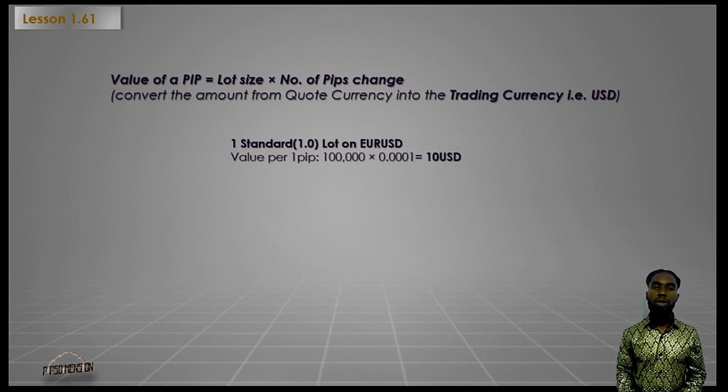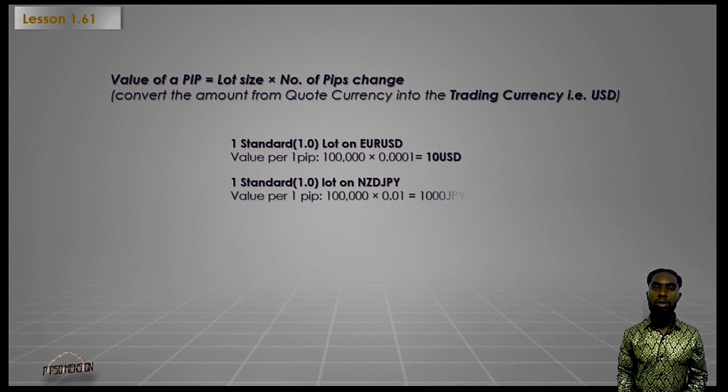If you trade one standard lot on a Japanese yen pair like the Kiwi yen, then the value of one pip will be 100,000 multiplied by 0.01. That will give you 1,000 Japanese yen. And this will be converted into your trading currency. So if your trading currency is in US dollars, the 1,000 Japanese yen is converted into US dollars.